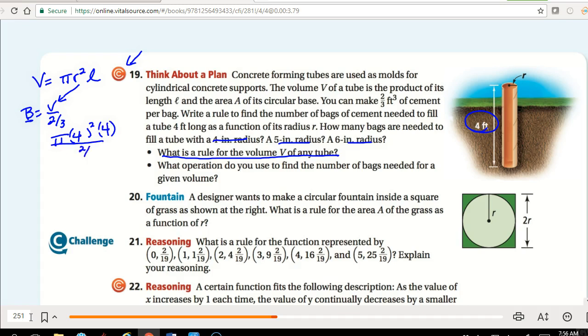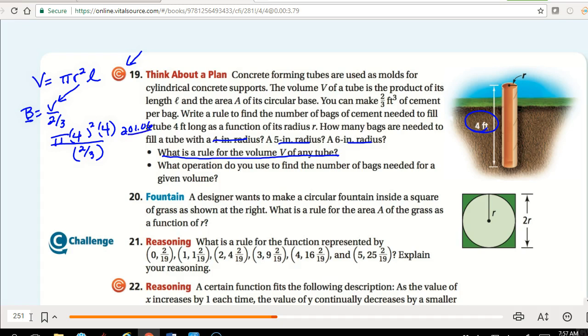And then you're going to divide that by 2/3. With a calculator, you're simply going to plug that in. If you've got a graphing calculator, you hit pi, multiply that by 4 squared times 4, which is roughly 201.06. I'm going to leave all that in there, but it's roughly that.